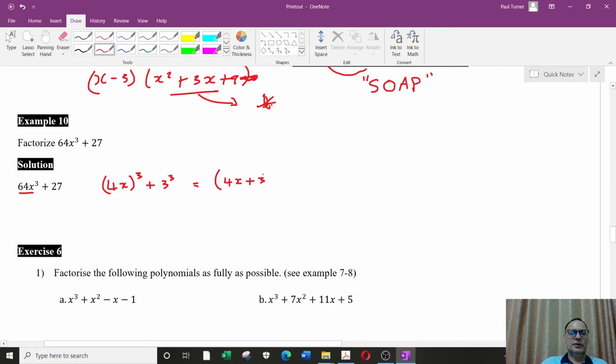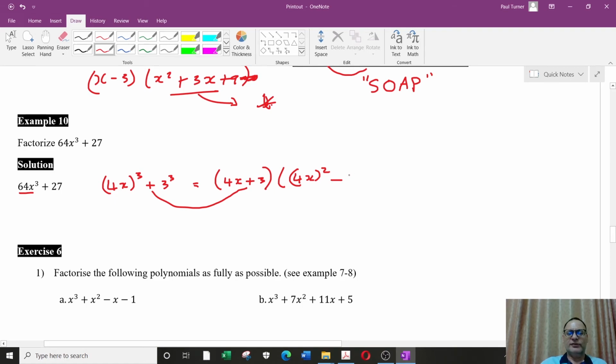same sign. Then we change the sign, but the first term is squared. So 4x squared, plus minus, same, opposite. Change the sign. So we got the same sign, then we change to the opposite sign, negative.